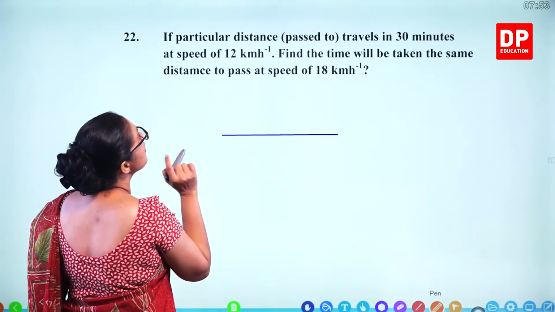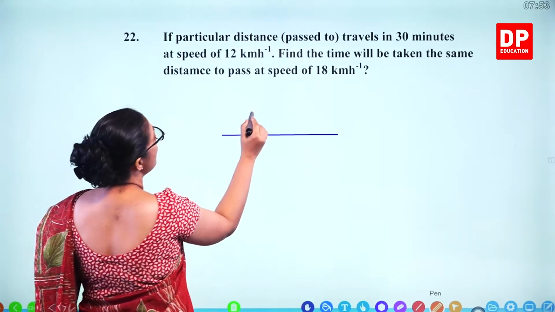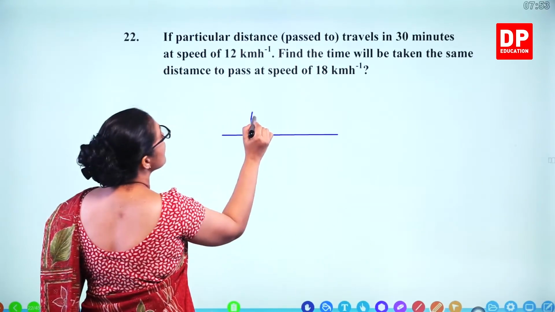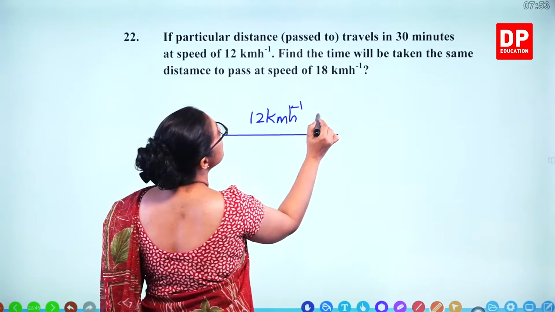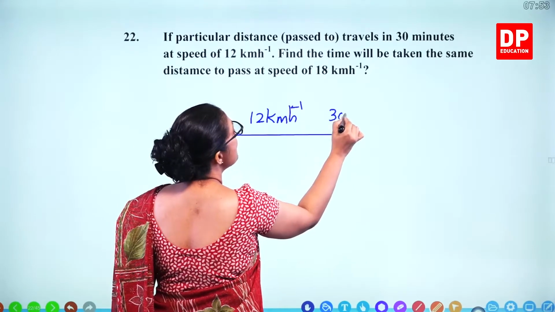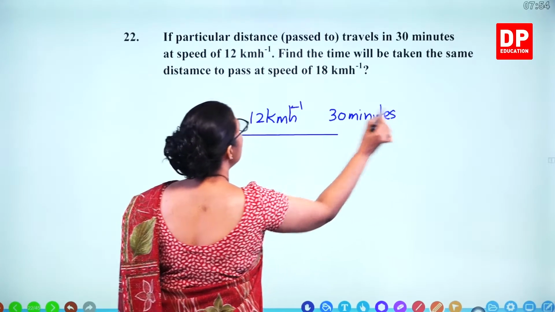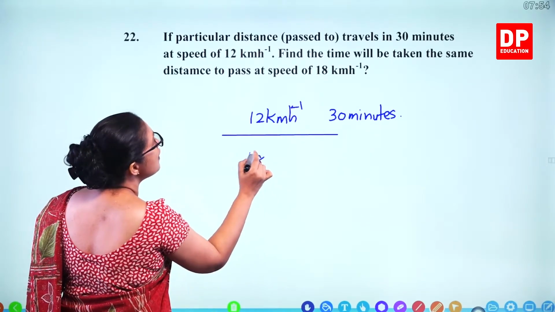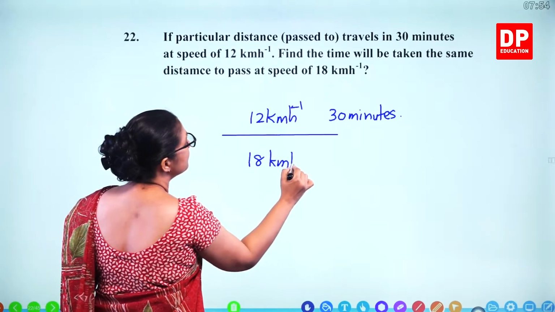If the speed is 12 kilometers per hour, it takes 30 minutes. If the speed is 18, we need to find out the time.